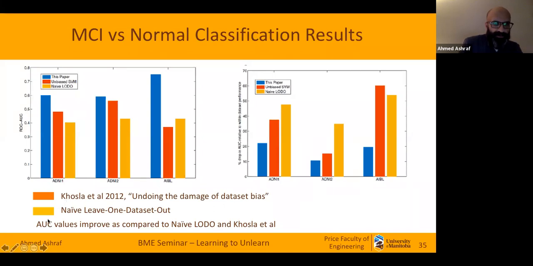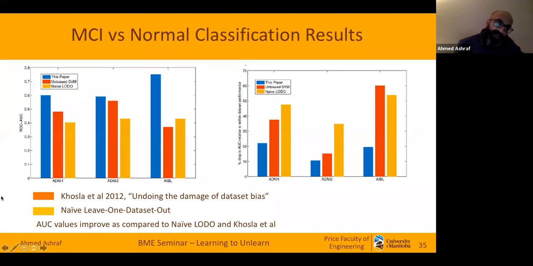And this gold represents the naive leave-one-data-set-out. We do nothing. So we learn a model on the basis of, let's say, all the data sets and test it on the left out data set.